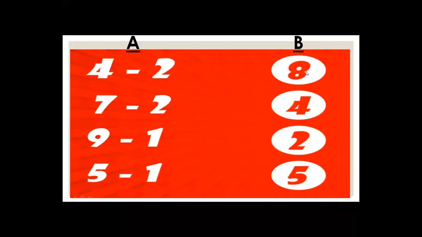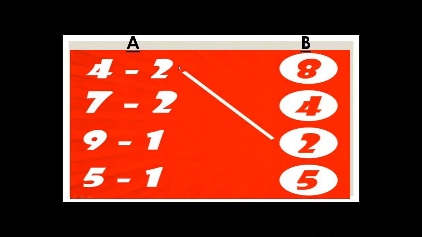Because here we have the answers 8, 4, 2, 5. So 4 minus 2. From 4 we subtract 2, we get the answer 2. So we match it with the correct answer using a ruler. So 4 minus 2, we get the answer 2.